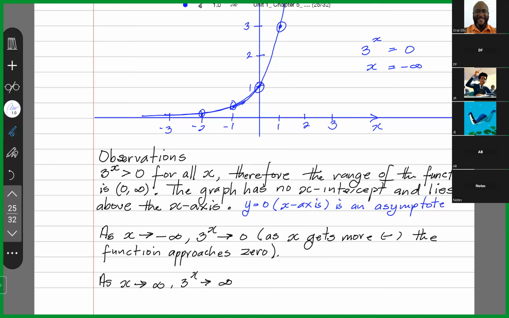So as x approaches negative infinity, 3 to the x approaches 0. As x gets more and more negative, the function approaches 0.